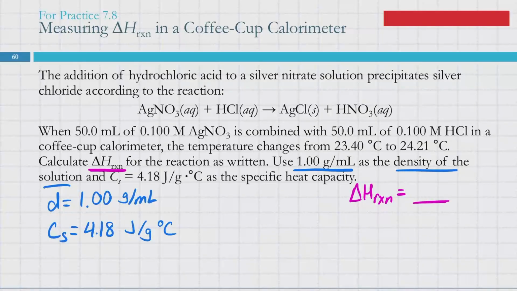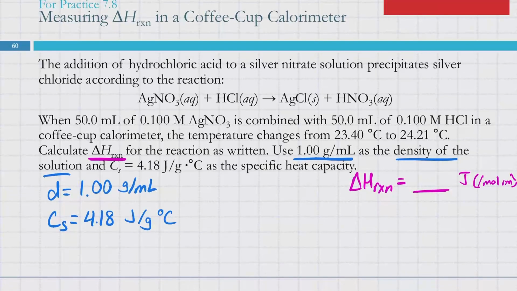And this is going to have some value of joules, and it's secretly going to be per mole reaction. There's always that secret per whatever the coefficients are, moles reaction on our delta H. So that means we need some amount of energy. We need some amount of joules. We can calculate joules with an equation. Q equals mc delta T.